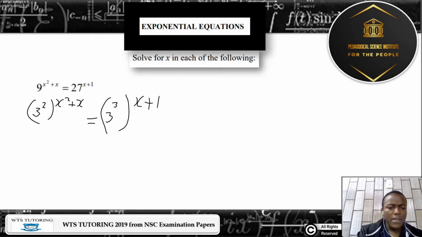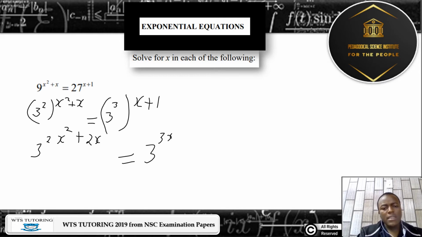Then we can just multiply out the exponent: 2 times x squared will be 2x squared, then plus 2 times x, it will be 2x. Then it will be equated to 3 times x, it will be 3x. Then 3 times 1, it will be 3.